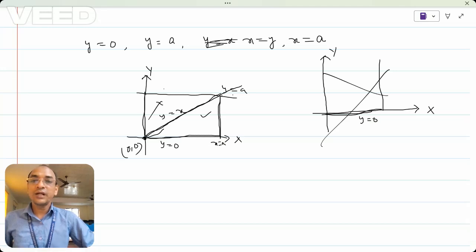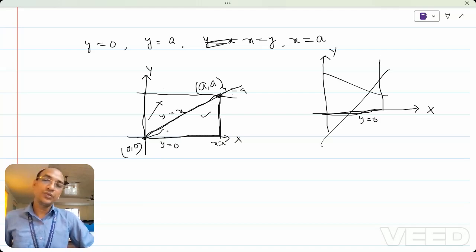It is on the line y equal to x, so this point will have coordinate a comma a, because it is x equal to a, and this is 0 comma 0. Now initially I have the limit of y from y equal to 0 to y equal to a, and x from left to right, x equal to y to x equal to a.